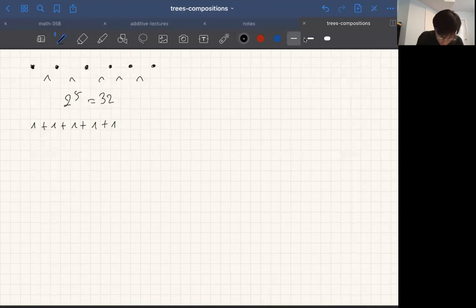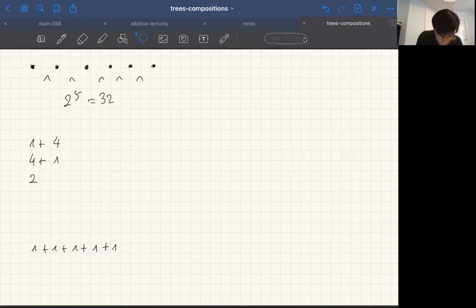And then I want to organize this in a nice way, but I'm not really sure how I'll do it. 1 plus 4. Let's just go 4 plus 1. We'll do all the 2s first. We should really be doing it this way. Let's go backwards. So 5, 1 plus 4, 4 plus 1, 2 plus 3, 3 plus 2.